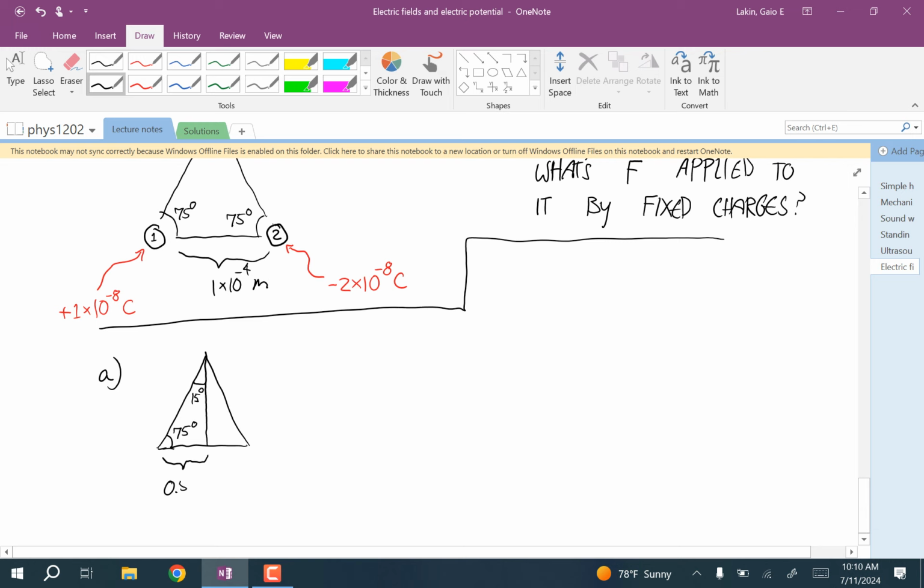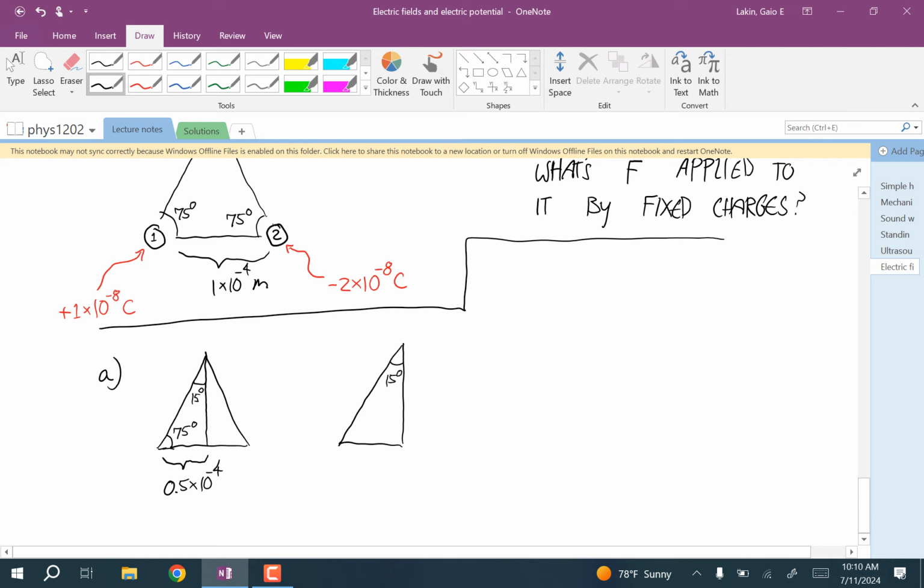So this is 0.5 times 10 to the minus 4. And we're going to use these values to figure out the length of one of these diagonals. Because this is an isosceles triangle, those two diagonal lengths have to be the same, so we only have to calculate it once. Okay, so we'll think about this right triangle.